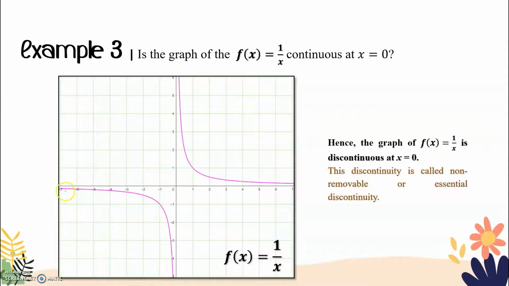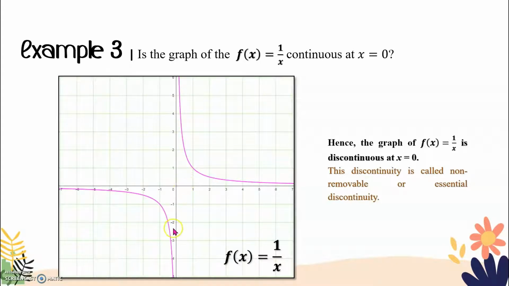Tracing the graph from the left of 0, as our x approaches 0 from the left, we can see that our graph moves downward indefinitely. In the same manner, when we trace the graph as x approaches 0 from the right, we can see that our graph is moving upward indefinitely.